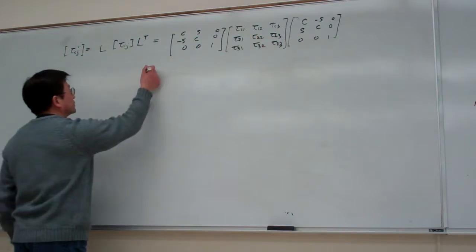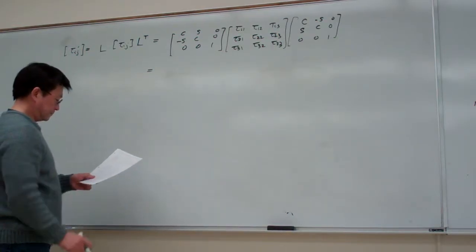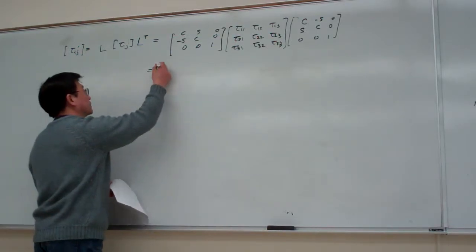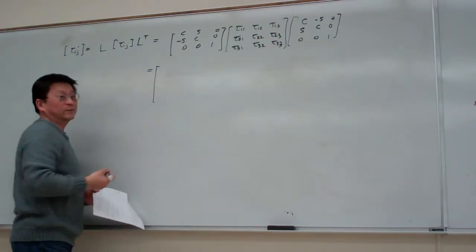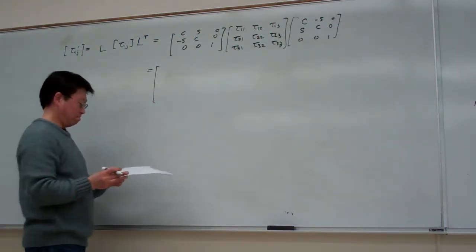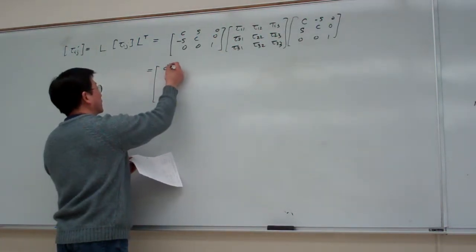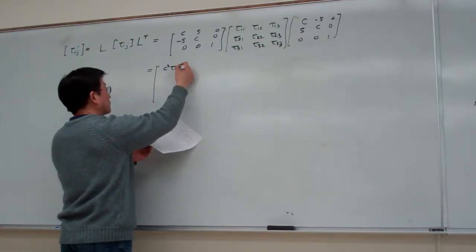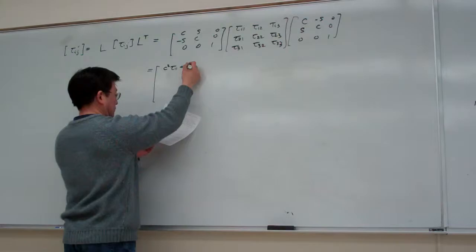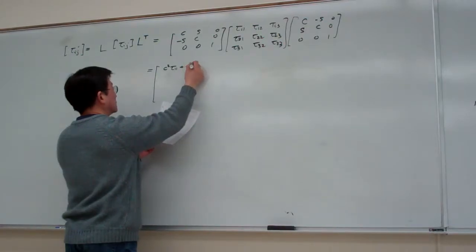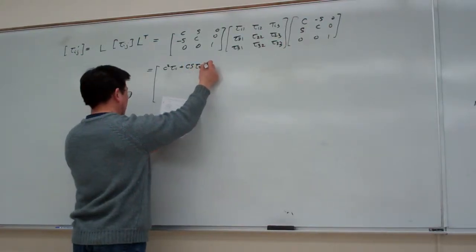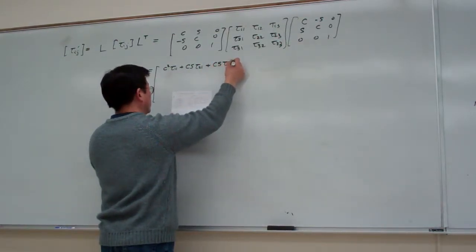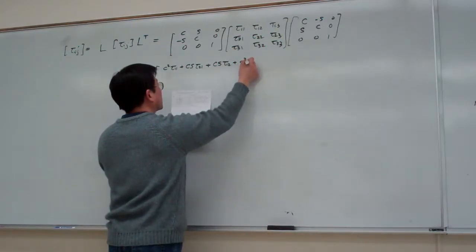Let me implement this; just be patient with me. The first element is C squared tau 1 1, plus CS tau 2 1, plus CS tau 1 2, plus S squared tau 2 2.